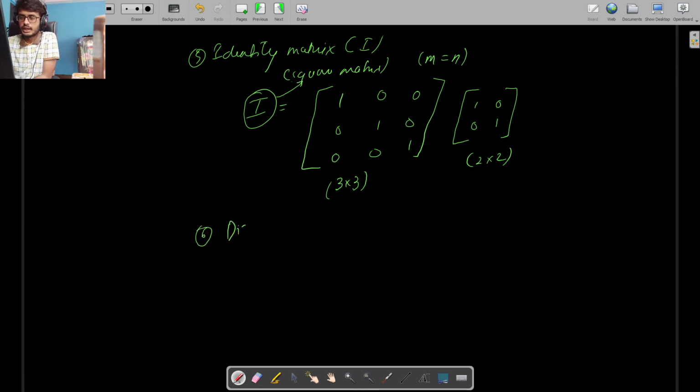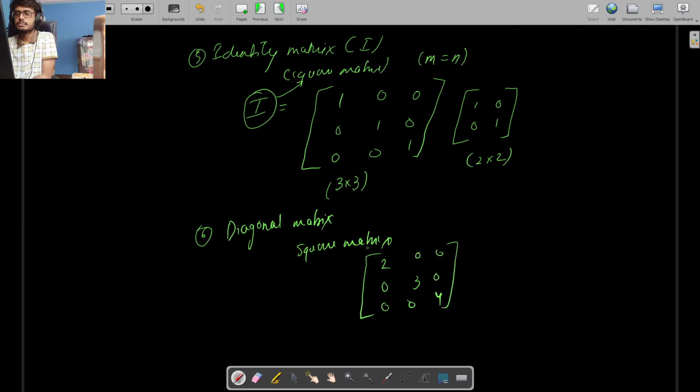Then we have a diagonal matrix. A diagonal matrix is also a square matrix whose diagonal elements have numbers, like let's say 2, 3, 4, but the remaining elements are always 0.